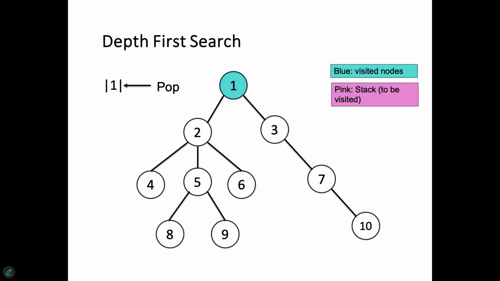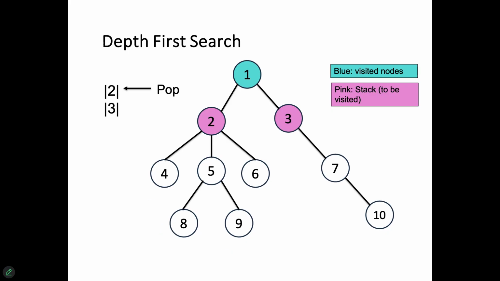Now, we visit A, we pop one from the stack and mark it as visited, and we push its children, which are 2 and 3, to the stack. Now, you can choose any order. So you may say, I want to put 2 first in the stack and then 3.